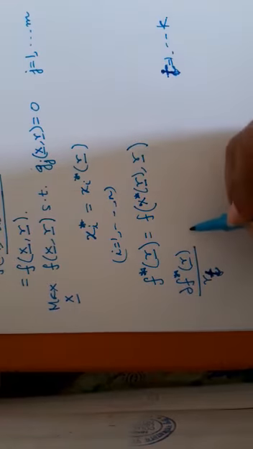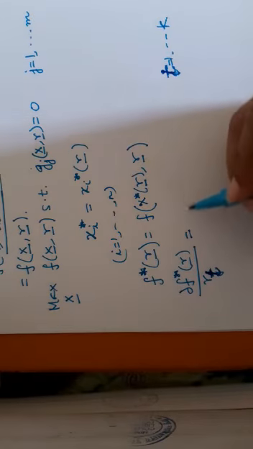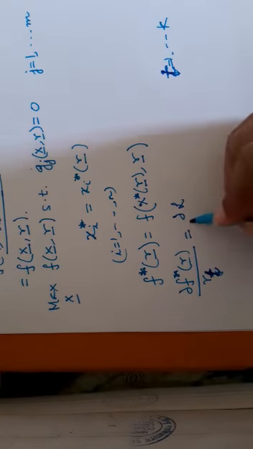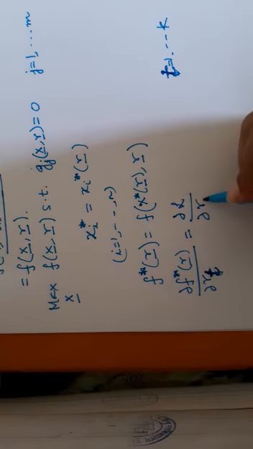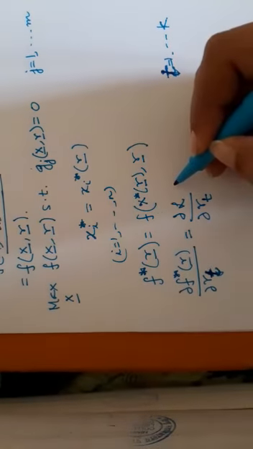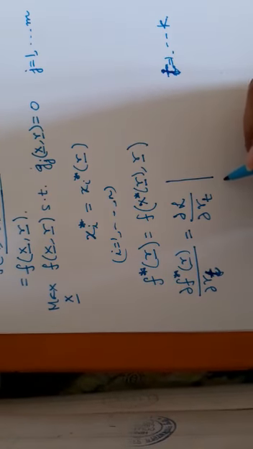So if I want to calculate this derivative, I can just straight away calculate this derivative as the partial of the Lagrangian with respect to the parameter r sub t, where this result is again evaluated at the optimum.